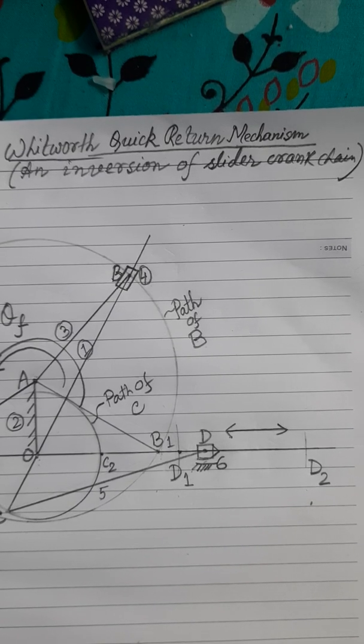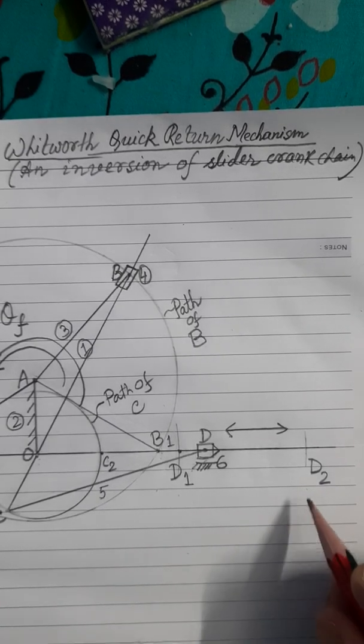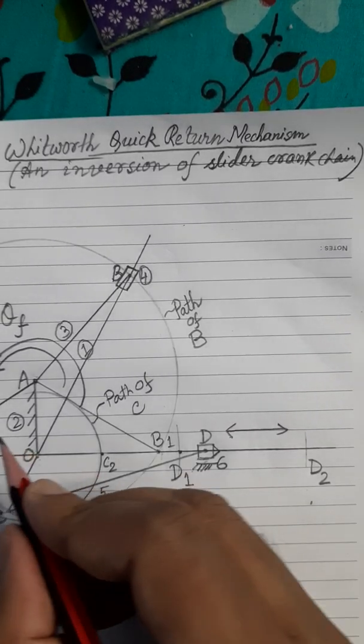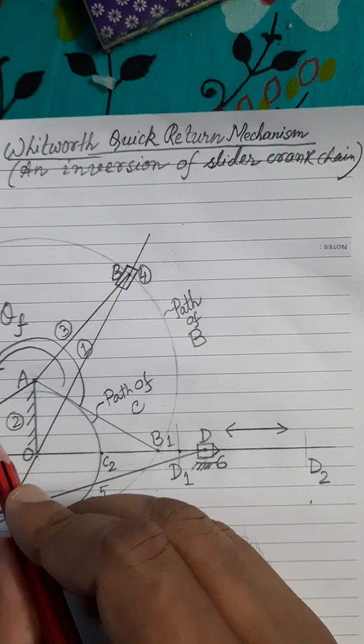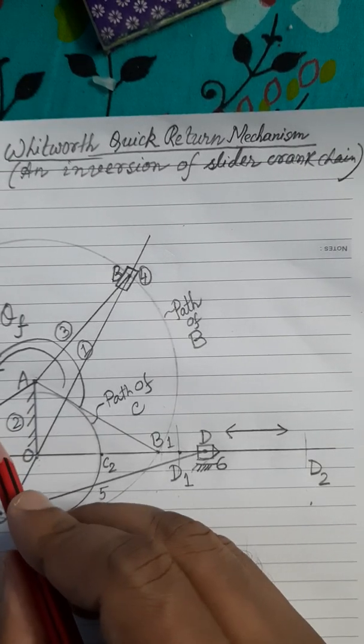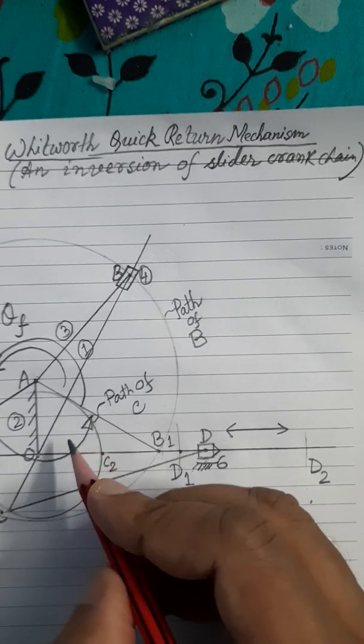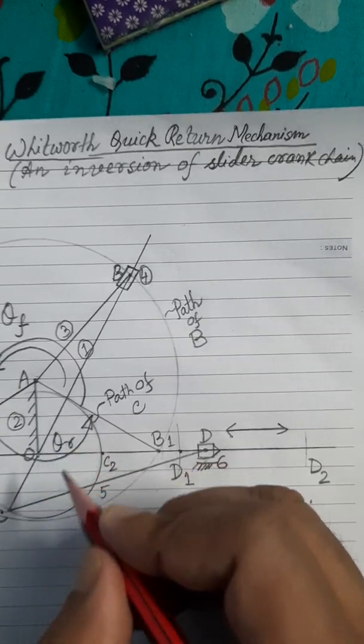and during return from D2 to D1, the corresponding angle will be B2 to B1 like this. So this is return angle theta r.